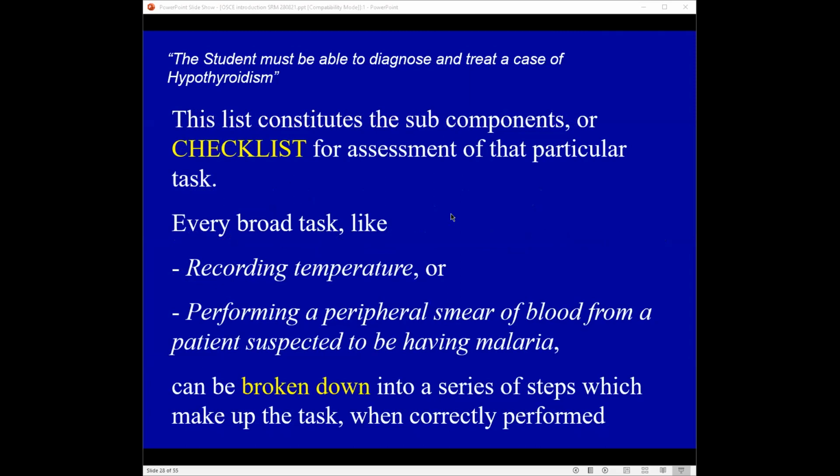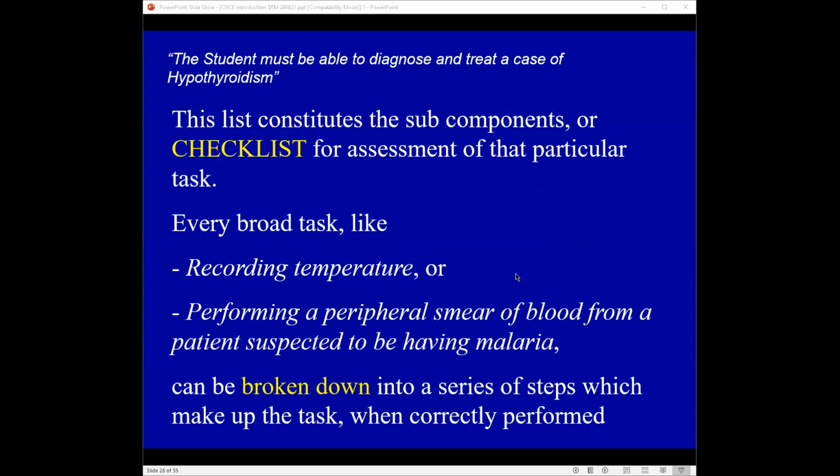All tasks, like for example, recording temperature, recording blood pressure, performing a peripheral smear, can be broken down into a series of subtasks, which make up the broad task when correctly performed, right? Okay, now we have done that.